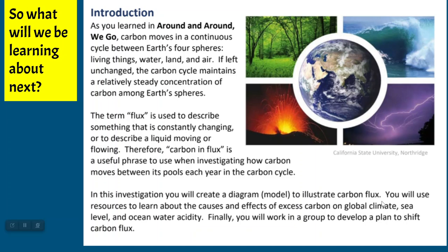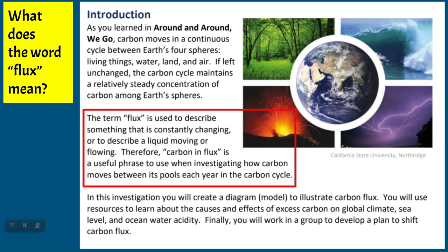This last paragraph is telling you some good information. We're going to learn about the causes and effects of excess carbon on our global climate, on the sea level, and on ocean water acidity. And we're going to try to think about how we might be able to shift carbon flux as humans. All right.